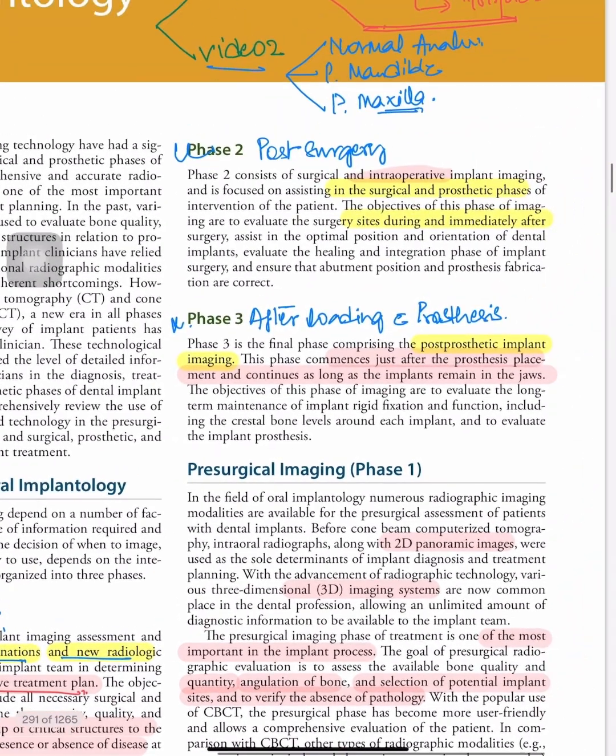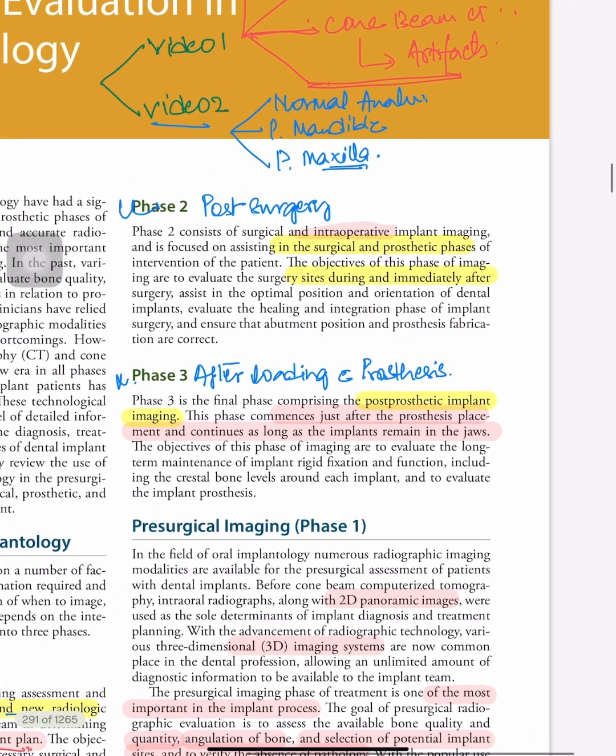Okay, so in phase 2, what do we do? We have placed the implants and now we have to evaluate in the x-ray how we have placed the implant. So you have placed the implant, you take an x-ray and you confirm that this implant is placed properly.